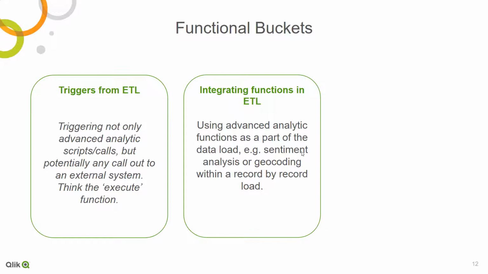So there's no point in doing that more than once. So anything like that, even like a geocoding of a coordinate, you can call it inline from the ETL. So every single record has this new sentiment function and it loads in the results. And the result is just a data point as if it was from any other data source. So this is extremely common, even, let's say, running records through scoring models and loading in the predicted binary result.